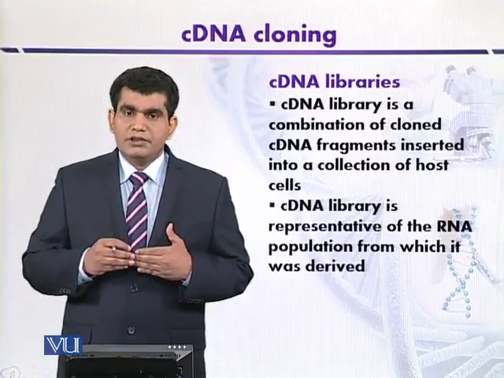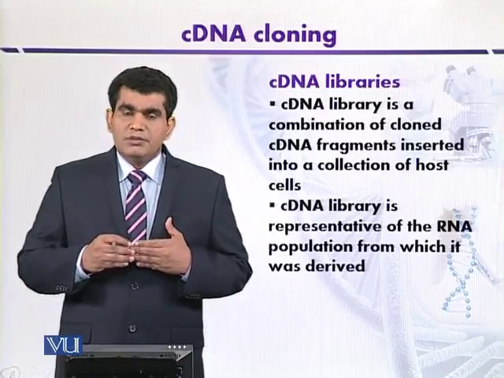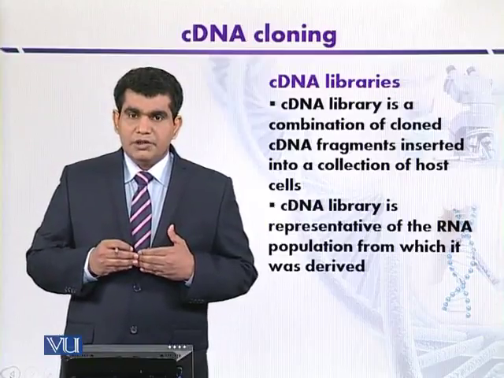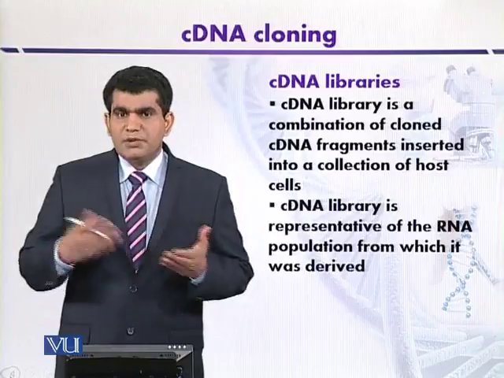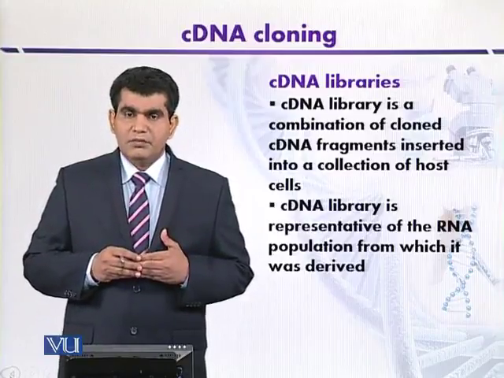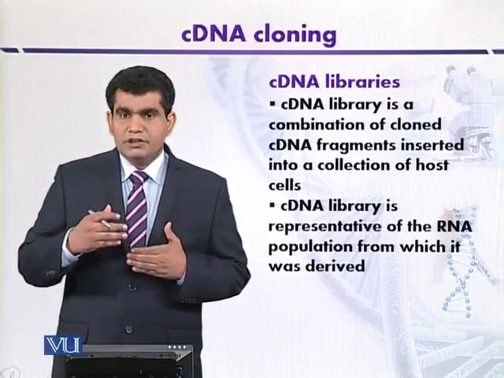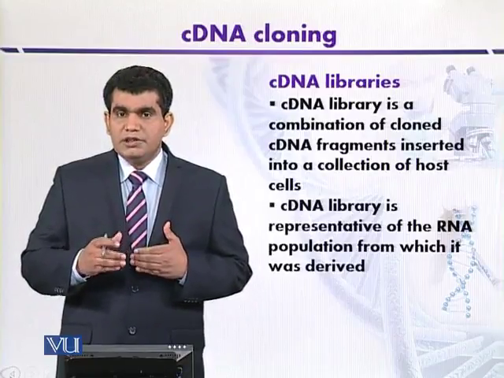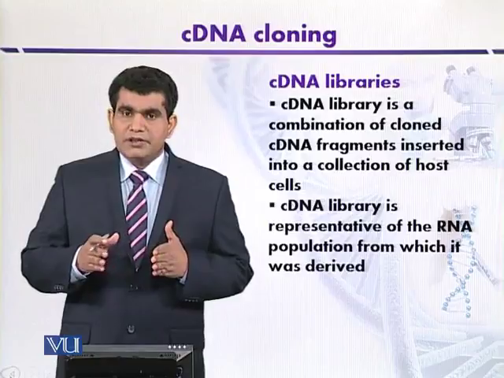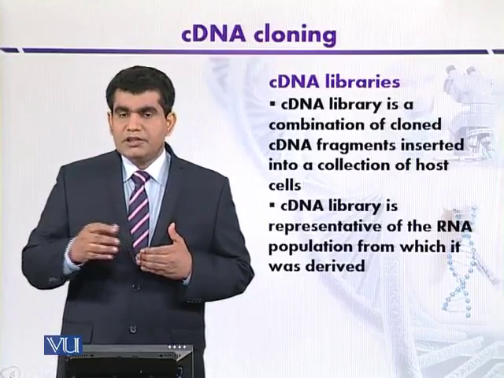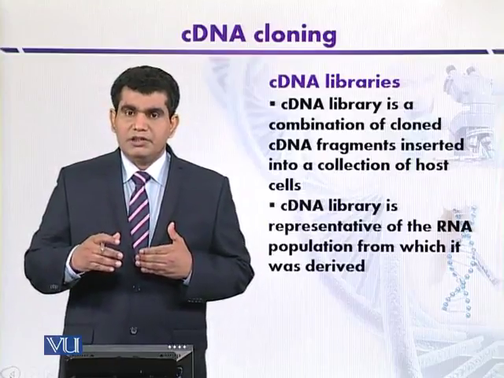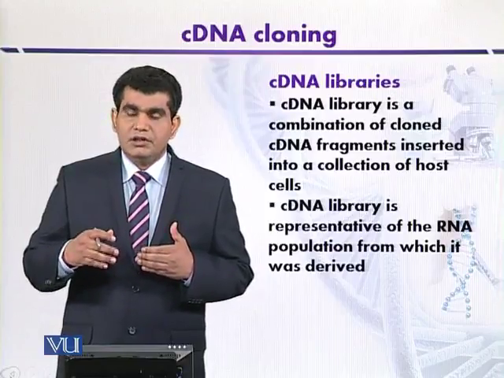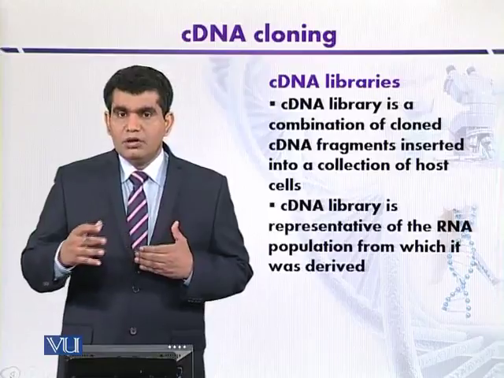The second difference is that the messenger RNA in the case of a cDNA library may have variable expression. For example, in some tissue the expression may be high, so the particular gene may be present in high number, whereas in other tissue the expression is low, so that population may be present in low number.